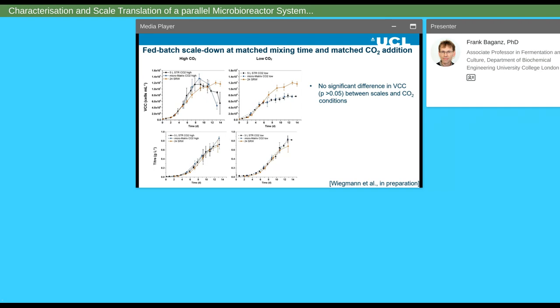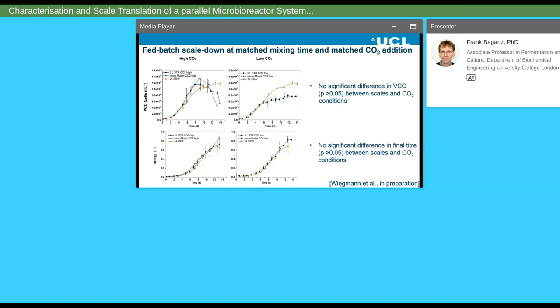Also, the growth of cells cultivated in the 24 standard round wells was slightly slower. The trend was comparable to the cultivations that used gas blends with 5% CO2. Similarly, the maximum viable cell concentration in the 24 standard round wells was reached at a later stage of the cultivation, but was not significantly different to either the micromatrix or 5-liter stir tank reactor.